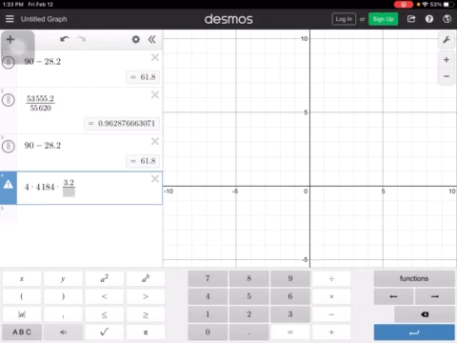Hold on. That doesn't look right. No, can't do that.